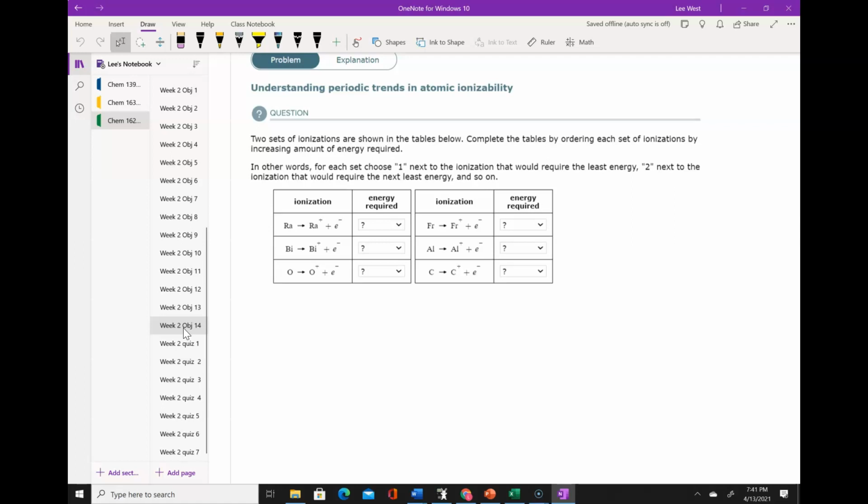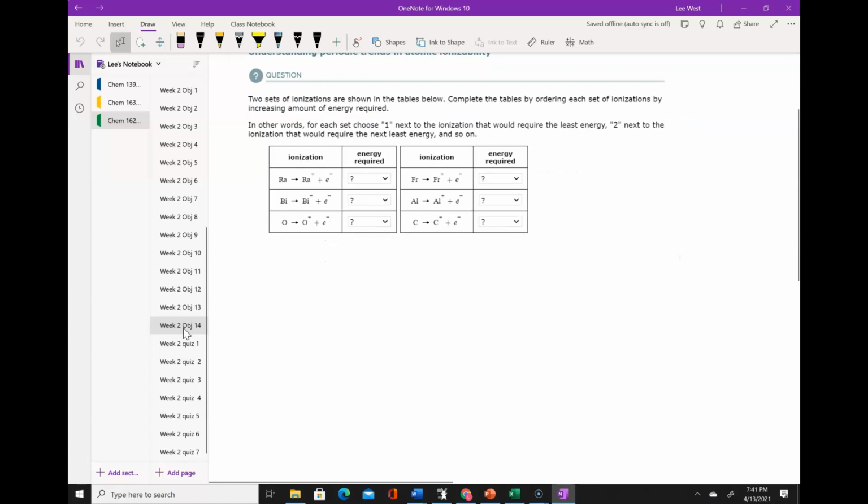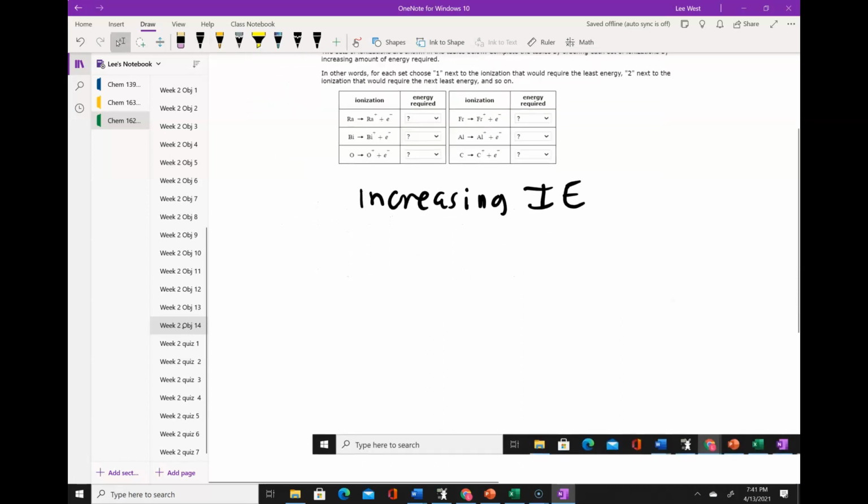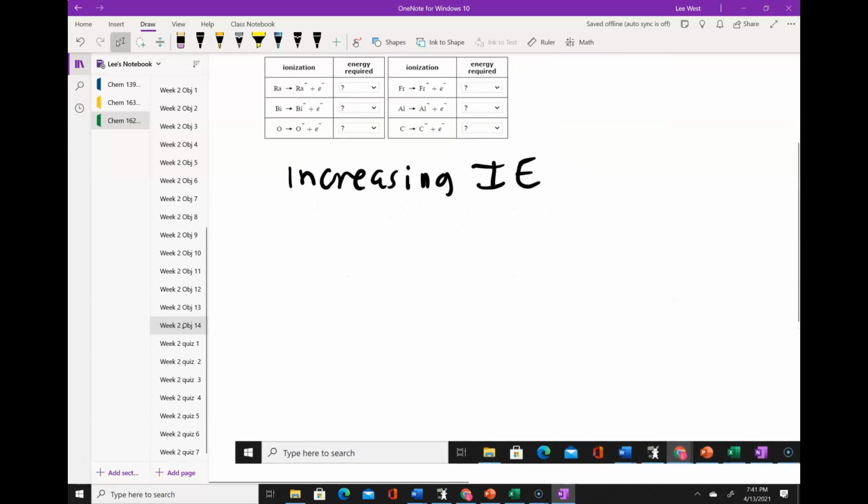In other words, for each set, choose 1 next to the ionization that would require the least energy and 2 next to the ionization that would require the next least energy. So what we're going to do is list them in order of increasing ionization energy.